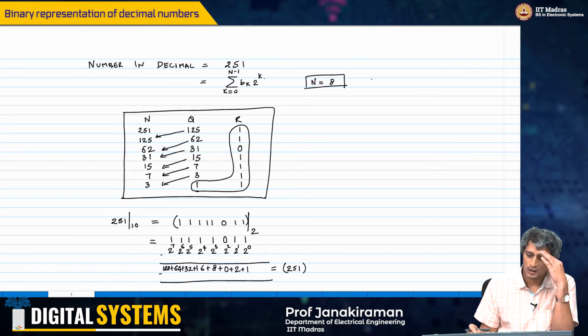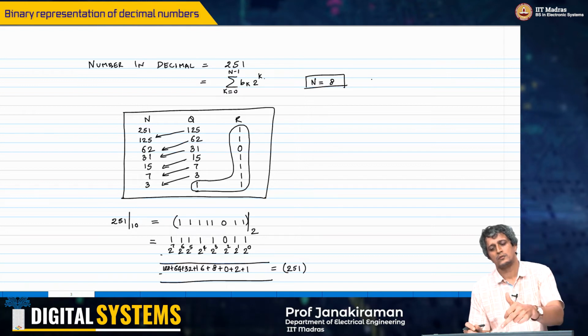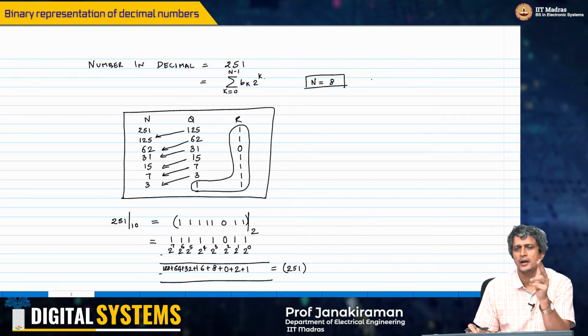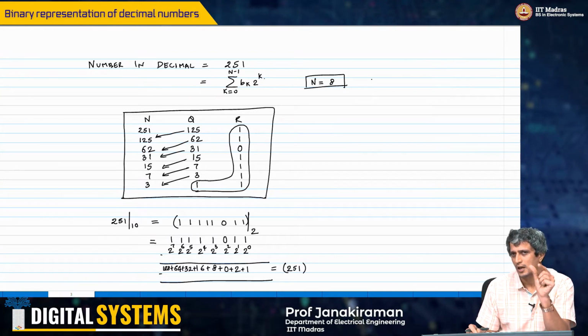Now, the question is, if I give you an n-bit number, now instead of 251, suppose I had taken 511, then how many bits would I need to represent the number 511?